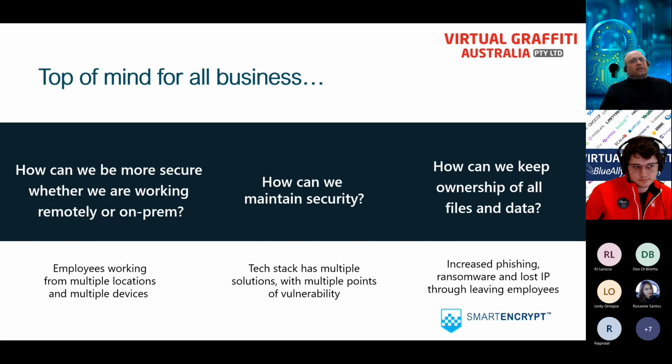We've also seen a big churn of people leaving organizations, and we've seen people leave with intellectual property data that belongs to organizations, and it's been exposed to competitors and people in the industry. That's become a problem too.